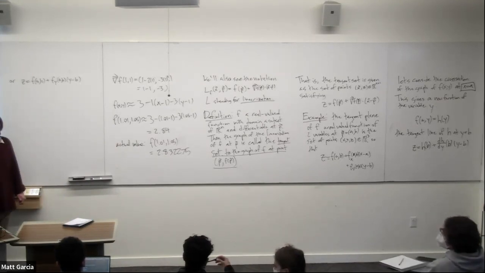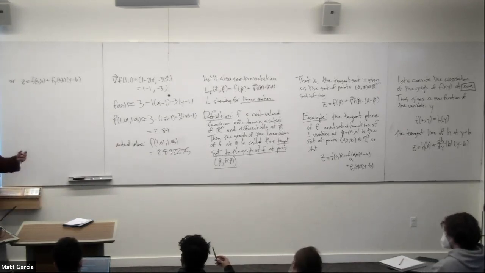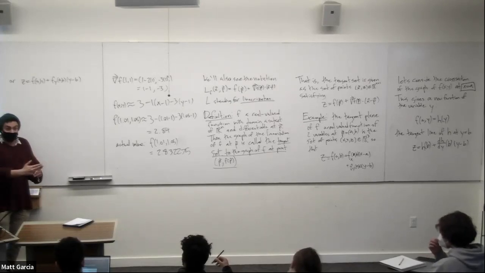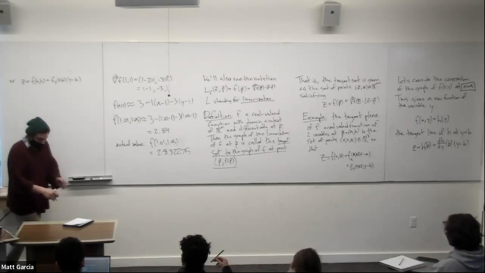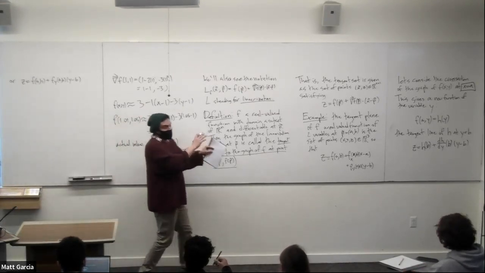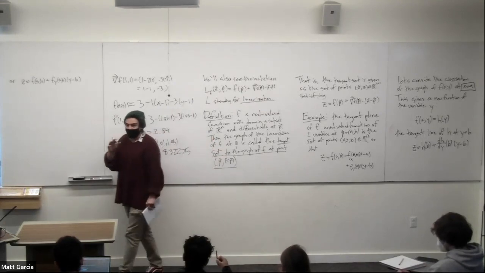The symmetric form. Remember, the symmetric form of a line produces two equations of two planes that intersect in that line it's specifying. So we started with the equation of the tangent plane of f at the point a comma b.